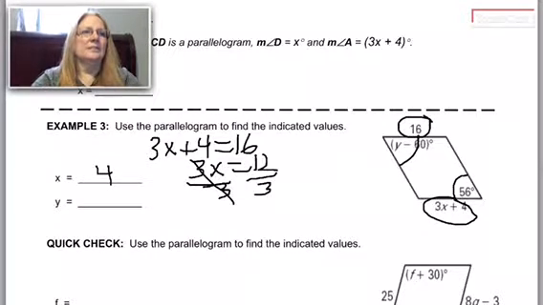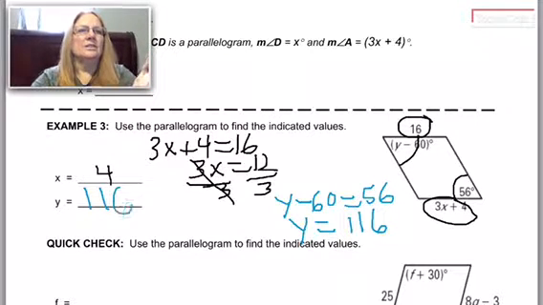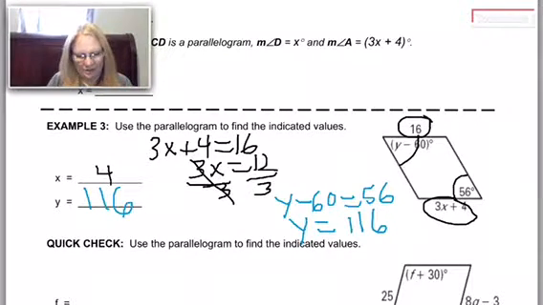And then for the angle, y minus 60 is equal to 56. So add 60 to both sides and you get y is equal to 116 degrees. Please pause the video and do the quick check.